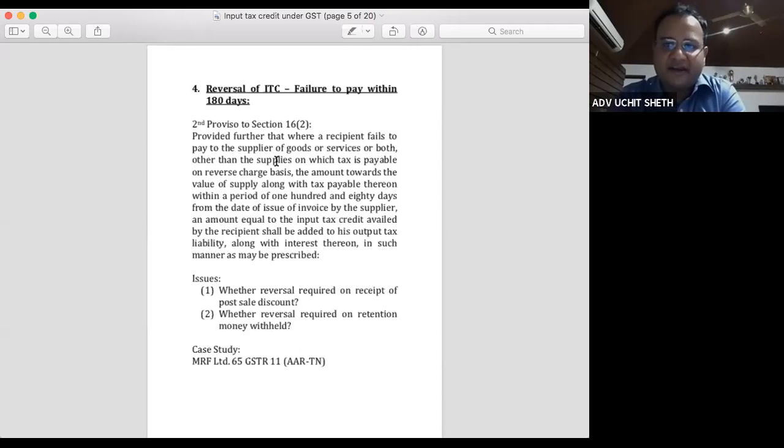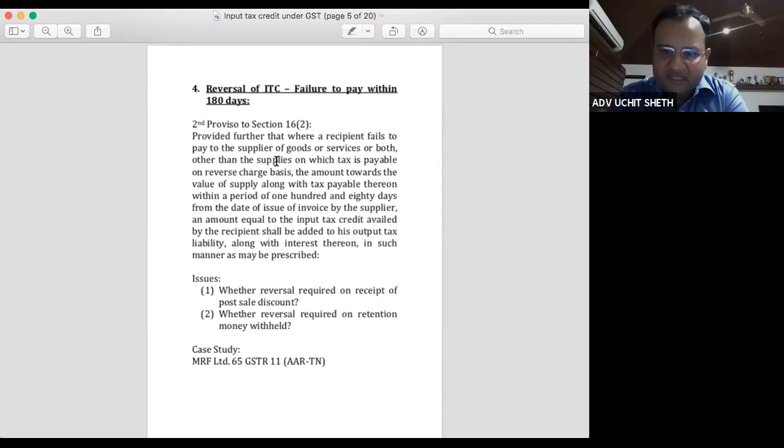Whether the authority can rely upon this provision to hold that, look, you have paid only 90 rupees to the seller, you have failed to pay the remaining 10 rupees to the seller within 180 days, so I'll disallow the input tax credit to the extent of 1 rupee. The Tamil Nadu Advance Ruling Authority in the case of MRF Limited, 65 GSTR 11, takes a view that yes, based on such a provision, the input tax credit can be disallowed. According to me, such disallowance is misconceived.